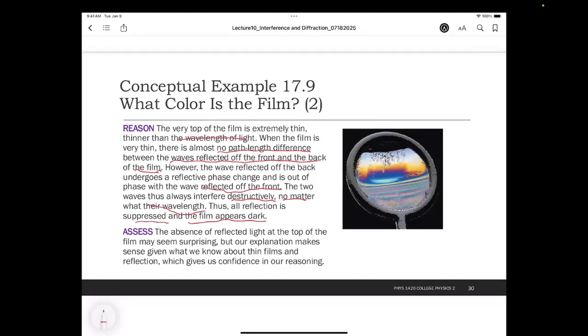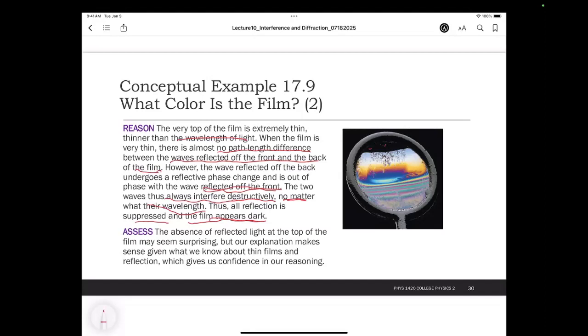The wave reflected off the back undergoes a reflective phase change and is out of phase with the wave reflected off the front. The two waves thus always interfere destructively, no matter what their wavelength. Thus, all reflection is suppressed, and the film appears dark.